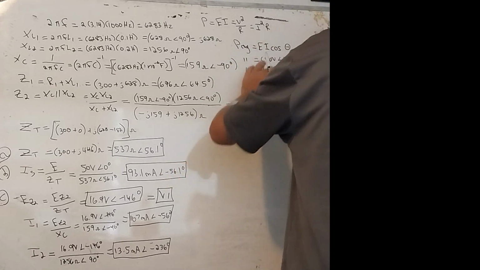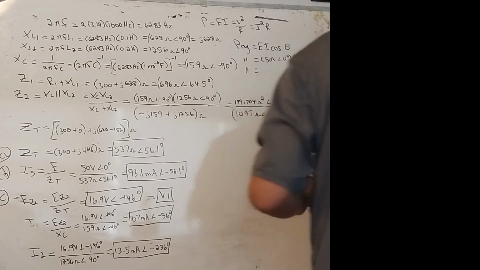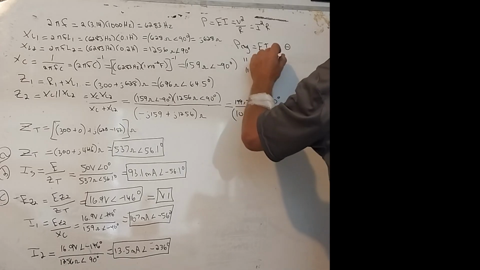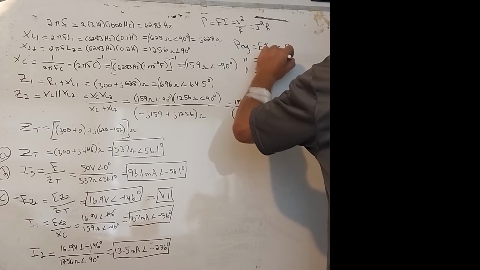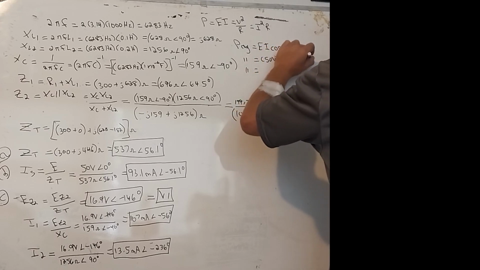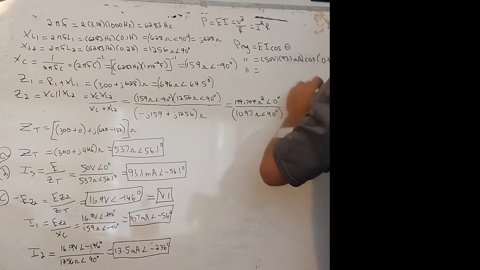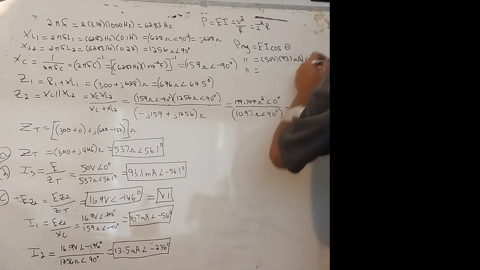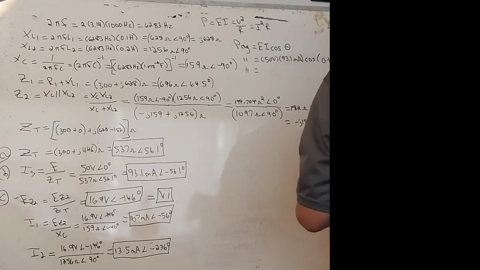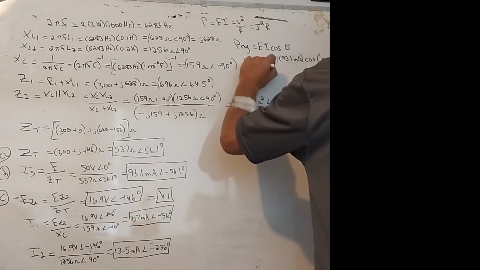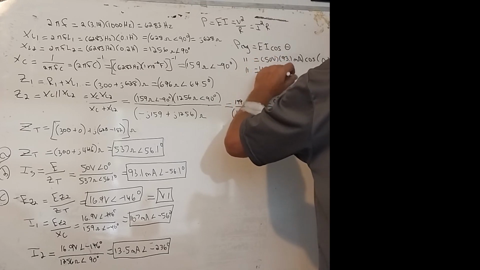Whoops, I shouldn't have written it this way. Let's do 50 volts times 93.1 milliamps times the cosine of 0 plus negative 56.1 degrees. That's equal to 4.66 times the cosine.